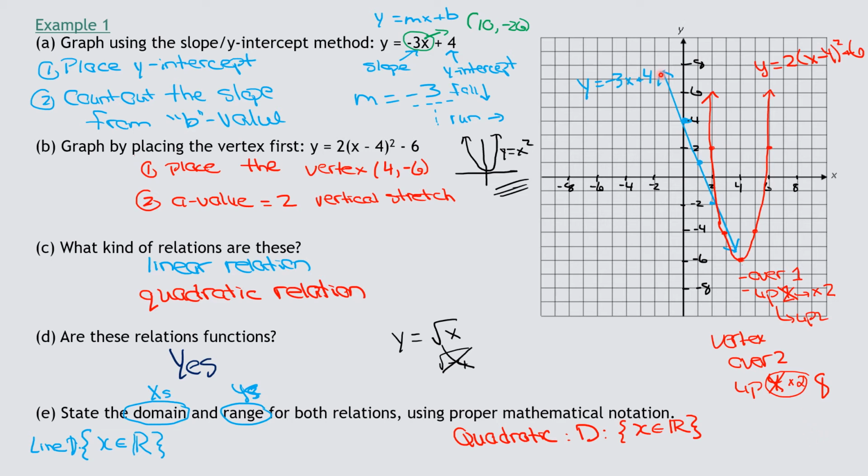So the range means from top to bottom. How high does it go? How low does it go? That's what the range means. How high, how low. And in this case, the line has an unlimited range, right? The range of the line is the same like the domain, except y is the range. All of the y's will be used.